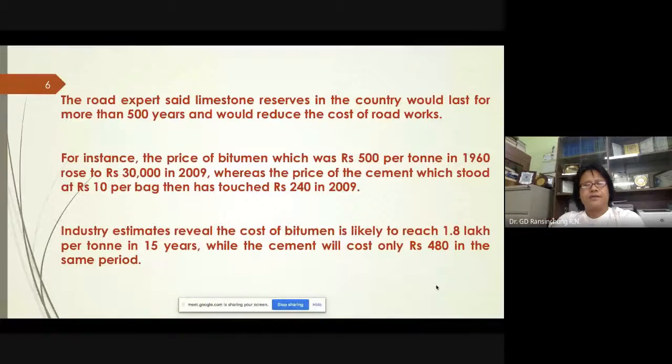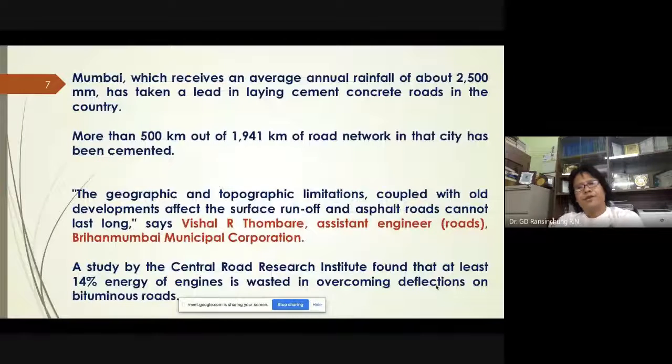For instance, the price of bitumen, which was 500 rupees per ton in 1960, rose to 30,000 rupees in 2009, whereas the price of cement, which stood at 10 rupees per bag then, has touched 240 rupees in 2009. Industry estimates reveal that the cost of bitumen is likely to reach 1.8 lakhs per ton in 15 years, while cement will cost only 480 rupees in the same period.